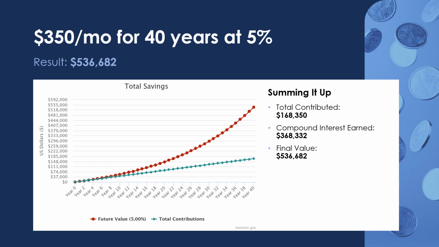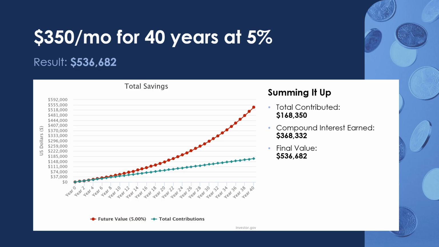Now let's compare that example using a lower annual rate of return. Everything remains exactly the same. We begin with an initial investment of $350, contribute $350 each month, and invest for 40 years. The only difference is that we're now assuming an average annual return of 5% instead of 8%.